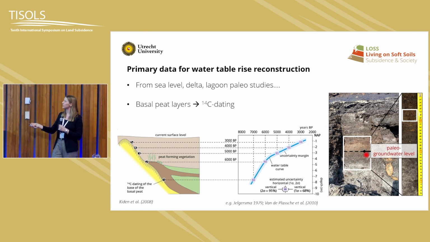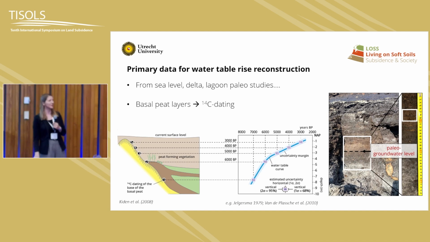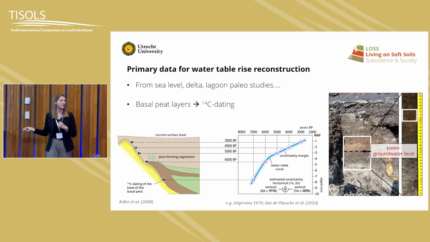So this is the paleo groundwater level as we see it now in the subsurface. It's the mark as we see it now. So it's actually the relative water level after all the subsidence that happened after this peat has grown. I hope that answers your question.